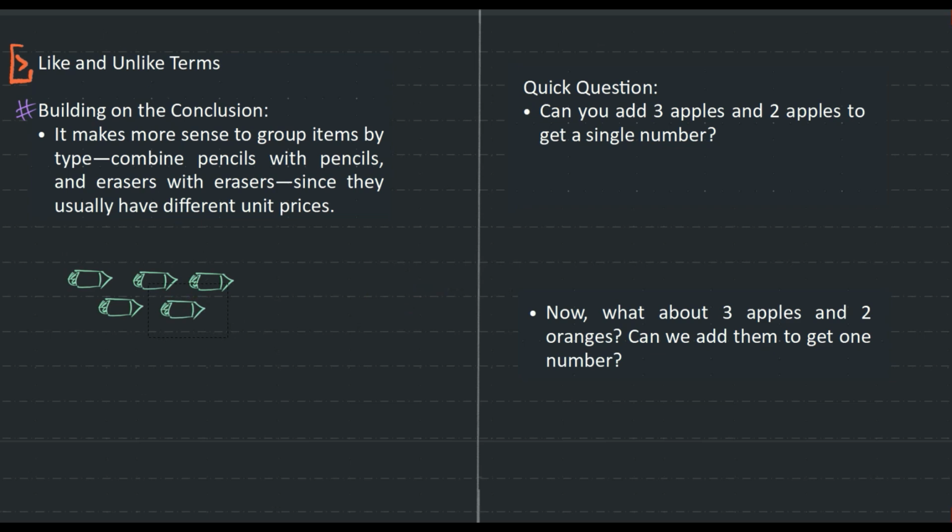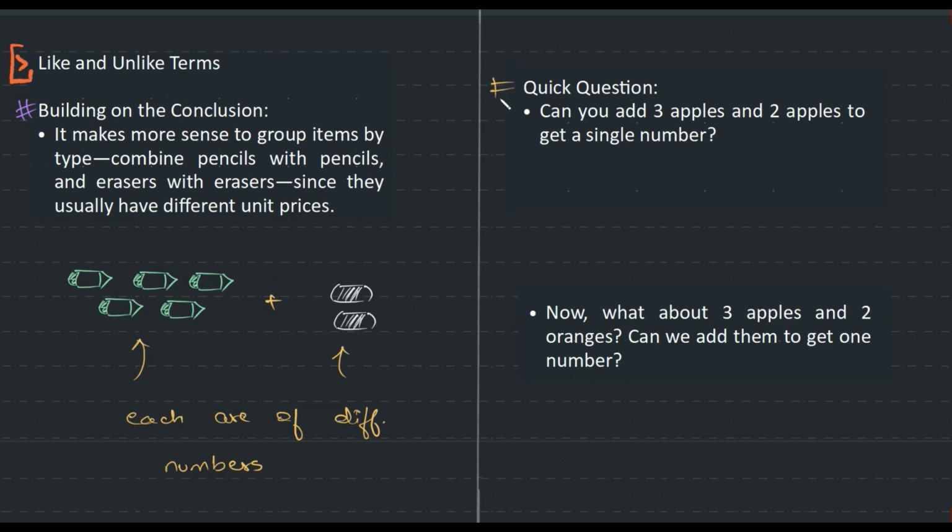And say you have an eraser. You consider this separately, whatever numbers you have, say you just have two of them. You add this separately because each of these has different pricing. Each are of different numbers.